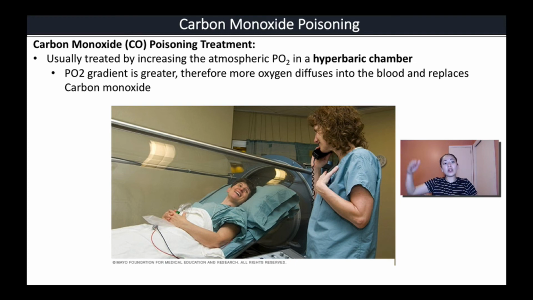So now you're increasing the partial pressure gradient of oxygen between the air and your blood. So the oxygen is kind of forced into your blood, and it helps that oxygen actually replace carbon monoxide. And so the person would stay in those chambers until the carbon monoxide has been replaced by the oxygen.